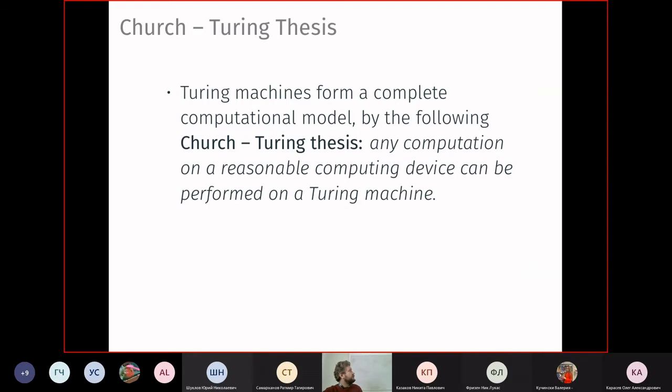Turing machines form a complete computational model by the following statement, which is called the Church-Turing thesis: any computation on a reasonable computing device can be performed on a Turing machine. This is an informal statement because the notion of a reasonable computing device is not formalizable in any sense. So what does it mean?